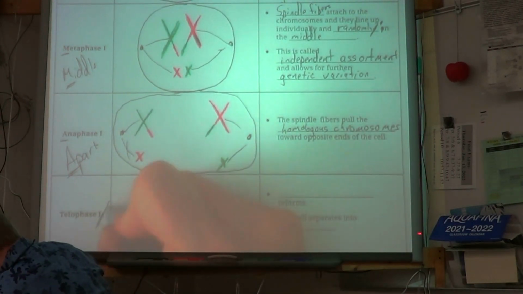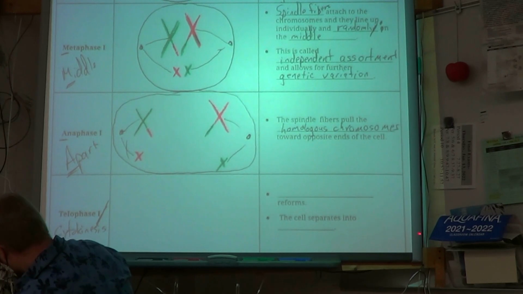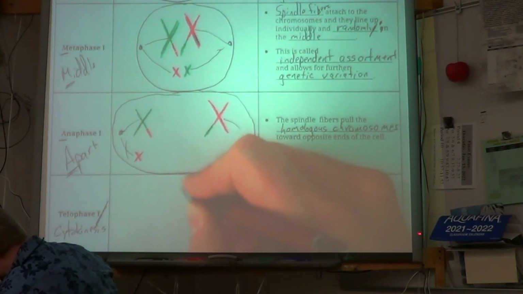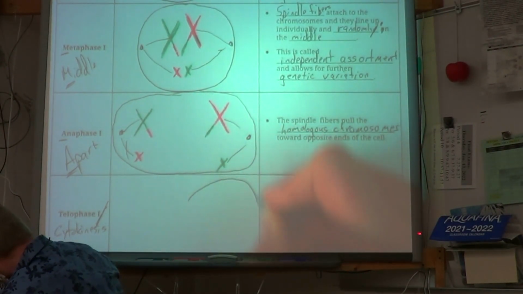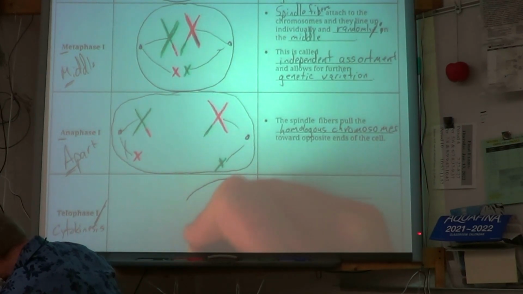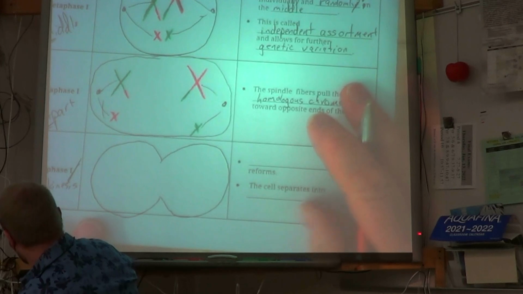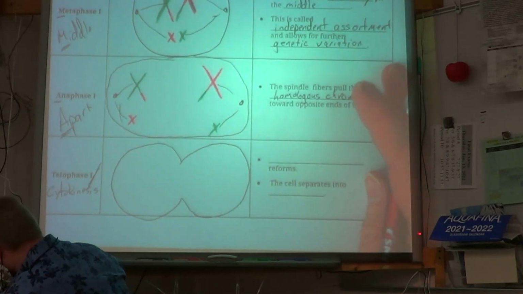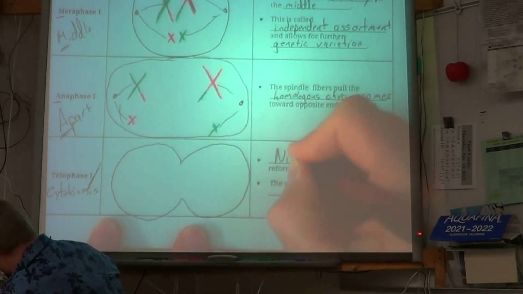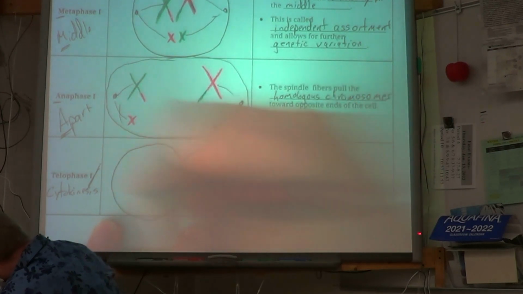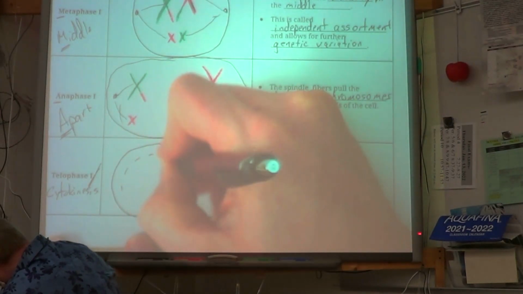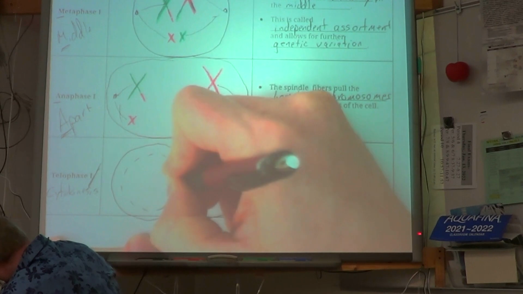Telophase, I'm going to slash it with cytokinesis, like we did before. So what's going to happen is we start to get a pinching of the cell membrane. That's the cytokinesis part. And we get kind of a bubbling starting to form. The nucleus starts to reform. To be honest, I don't know why, because it's going to dissolve again right away.